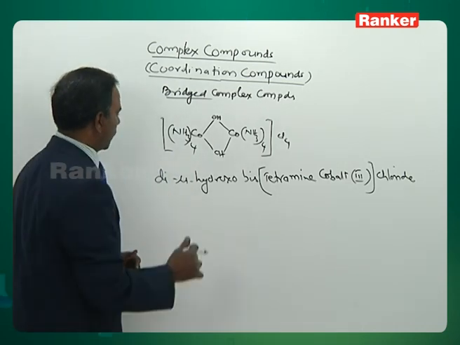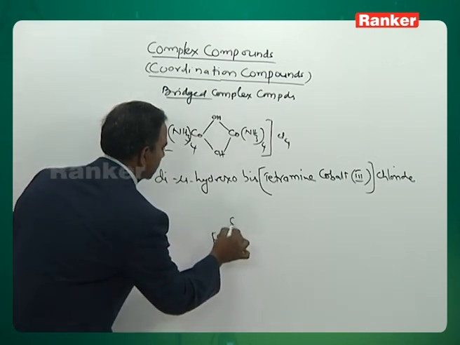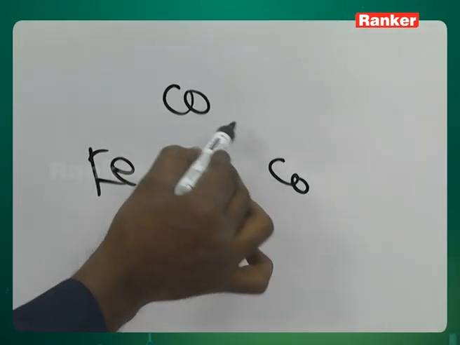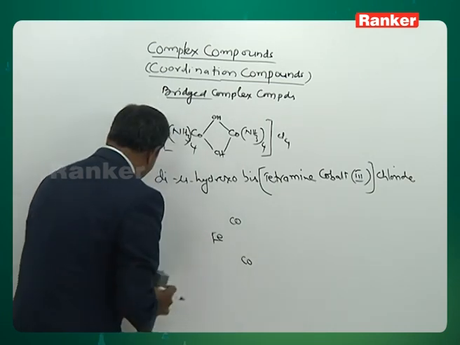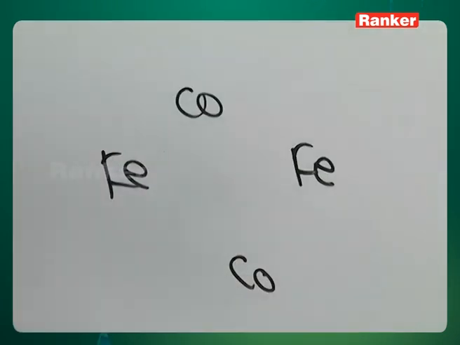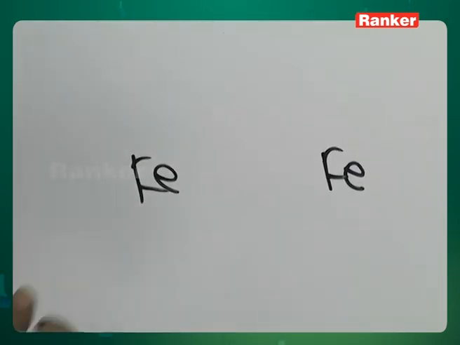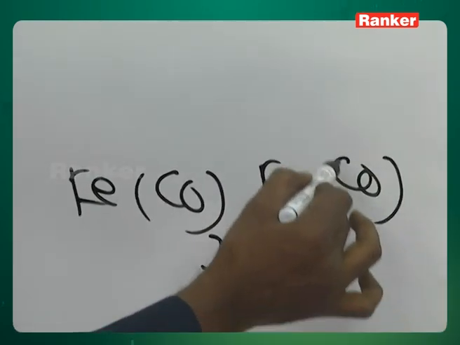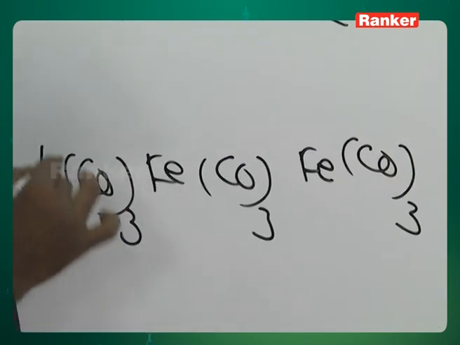Let me write one more easy complex. Look at the board. Iron carbonyl I am writing now, Fe, CO. Instead of writing bridges, we can also write this CO taken thrice, and again we can write on either side.